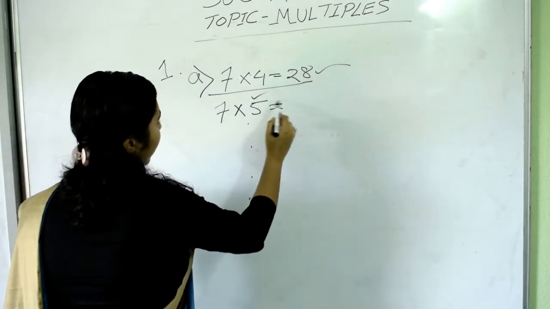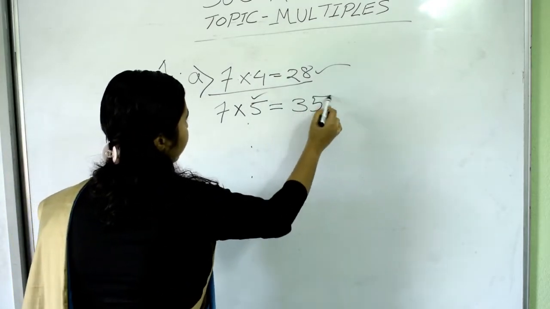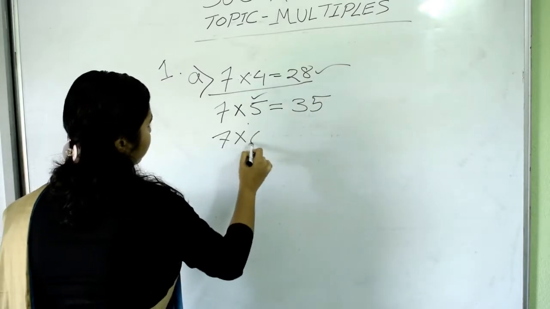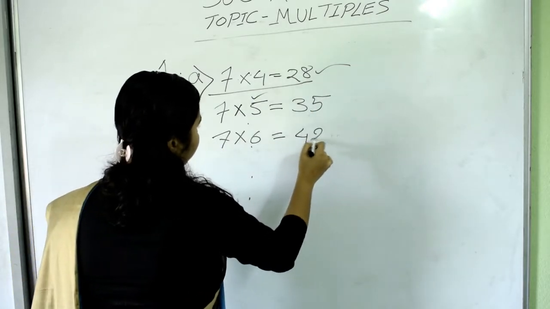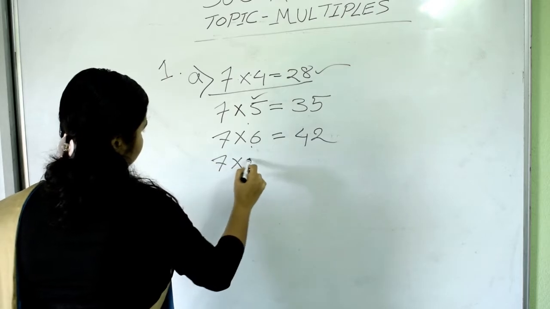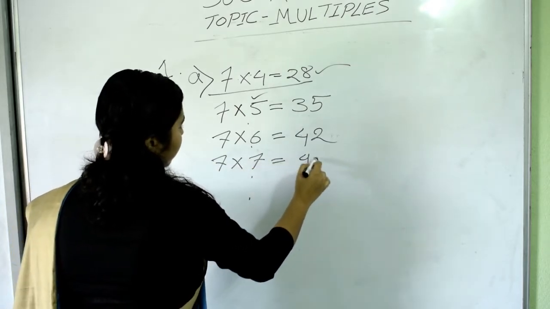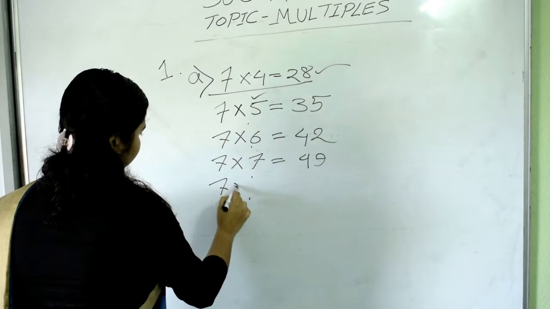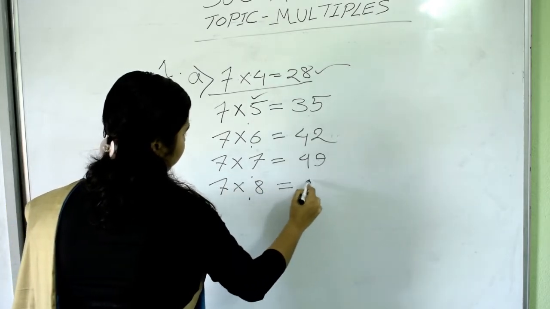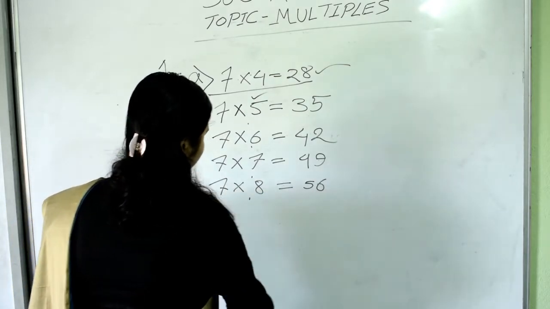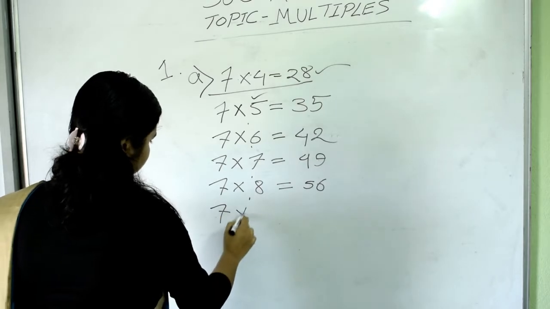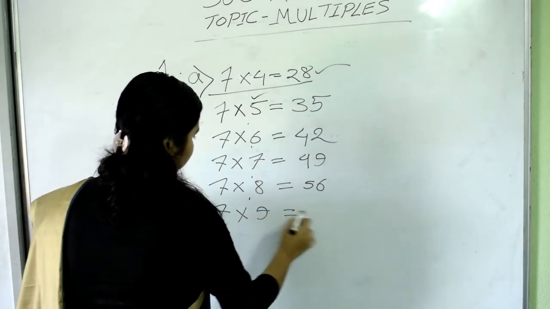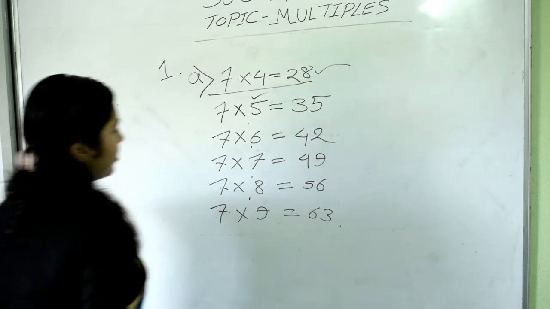So 7 into 5, 35. Next 7 into 6, 42. 7 into 7, which is 49. 7 into 8, 56. 7 into 9, 63.